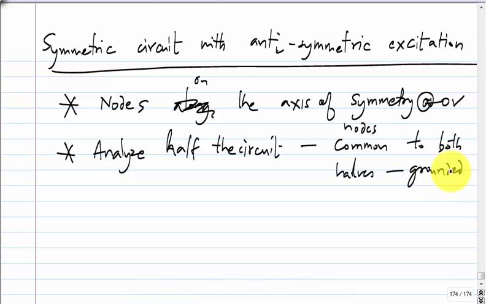And once you obtain the solution to this, the solution in the first half will be the same, the solution in the other half will be the negative, right. When I say solution, I mean all the branch voltages and currents. Is this okay? And this of course does require linearity.